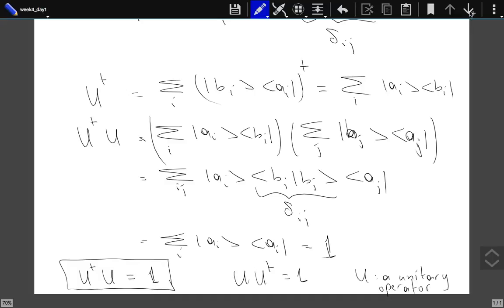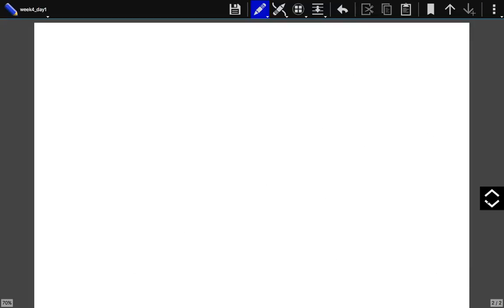Now, we will see in quantum mechanics quite often these unitary operators. The one nice property of these unitary operators is that they do not change the norms, the total probability.